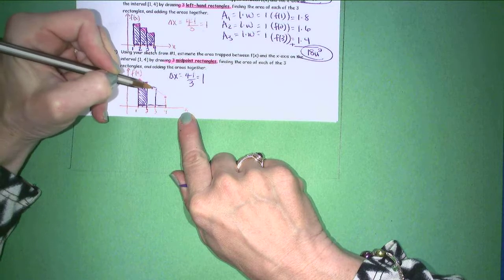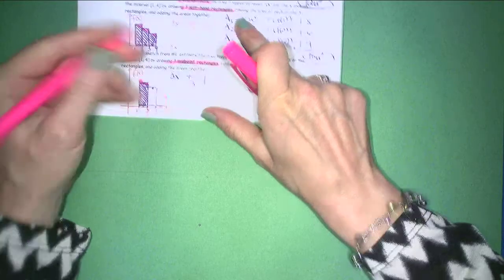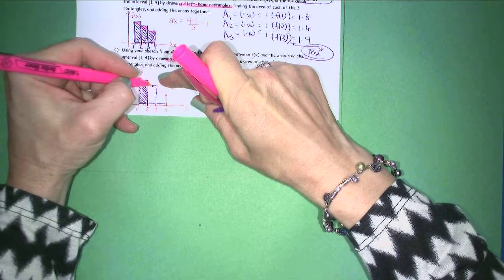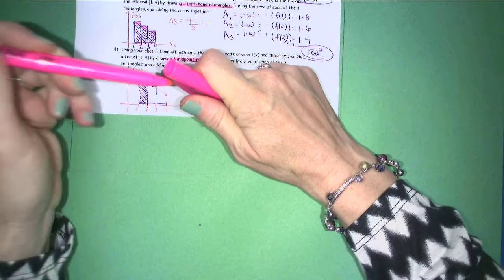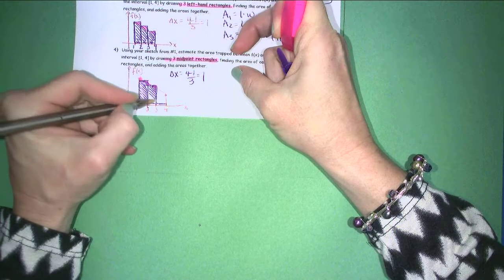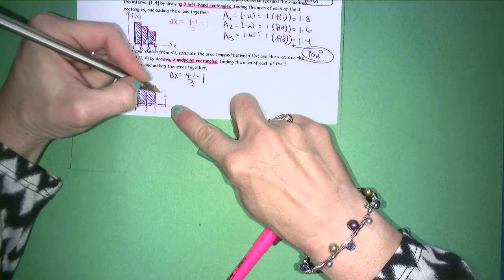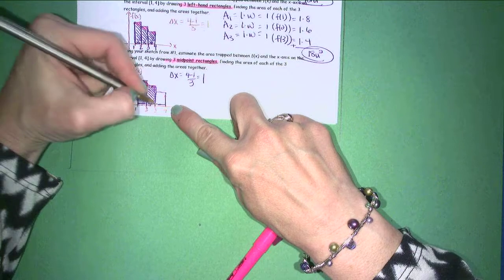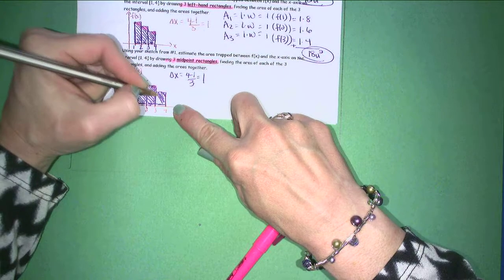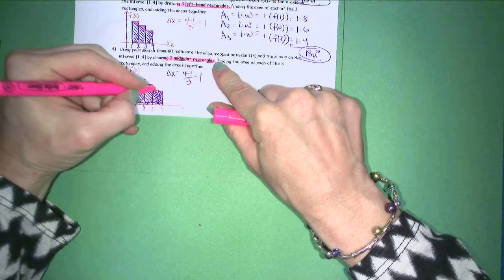Again, you can see how, sorry, this is really small, but you can see how the over and the under mimic each other. There's my second rectangle. And finally, 3 to 4, go to 3.5, come on up, come across, drop down, and there is that final area. And again, that pink over and under match up.